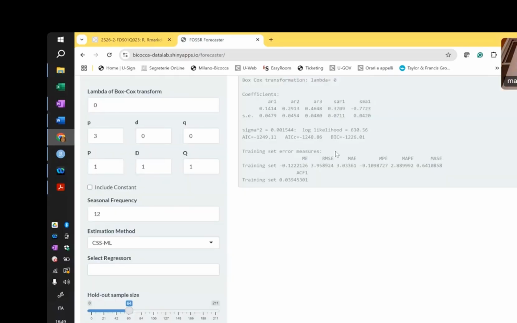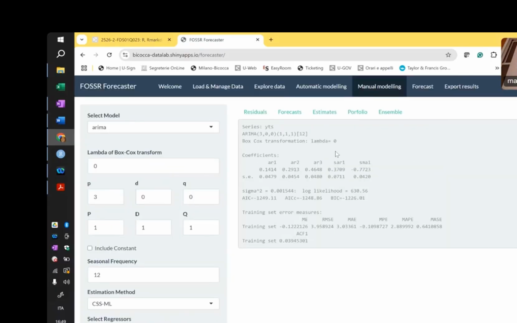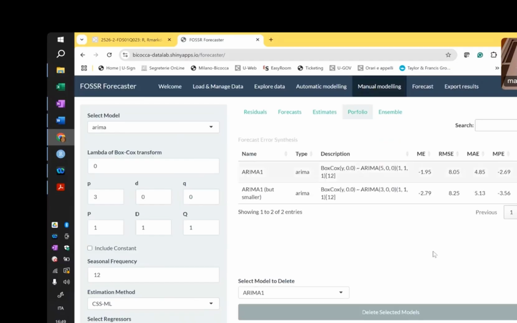And you will see in the portfolio your models and their prediction performance. Actually, the ARIMA 1, but smaller, is doing slightly worse on this data, of course, if you look at root mean square error and absolute percentage error.